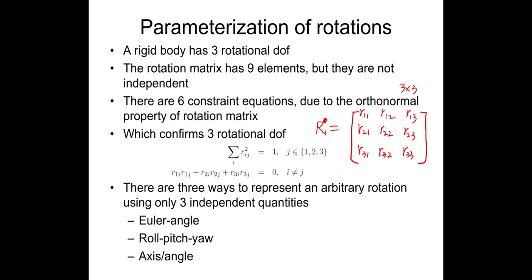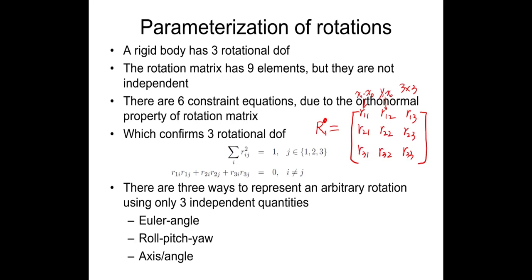So by definition, R11 should be x1 dot product x0, right? And this R12, that is y1 dot product x0, because this is x0, y0, z0, and so on.